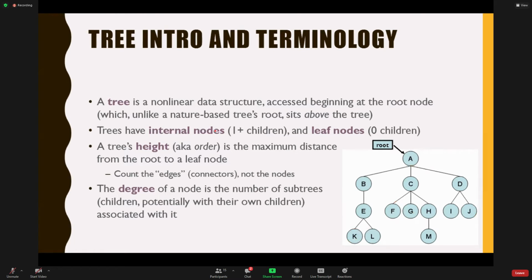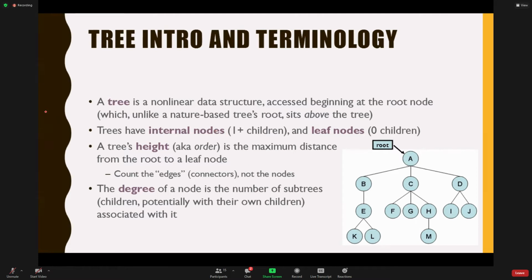Another piece of terminology here is to talk about the tree's height. And the height, or order, is the maximum distance that you can go from the root to the farthest leaf node. How far is it from the root to the farthest away child, right, the leaf node?